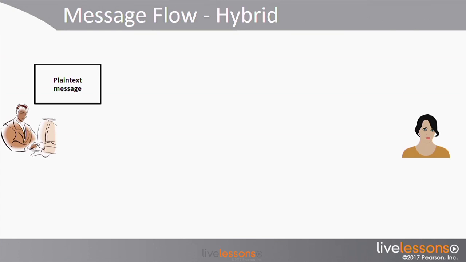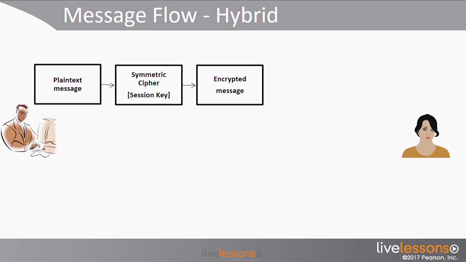Bob's got a message he wants to send to Alice. It's a plain text message. What Bob's going to do is use a symmetric cipher and a shared key. But that key is only going to be used for that session, so it's going to be referred to as a session key. He will then use the symmetric cipher and the session key, perhaps AES, and end up with an encrypted message.